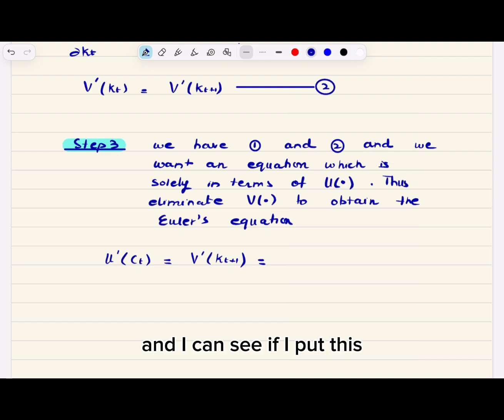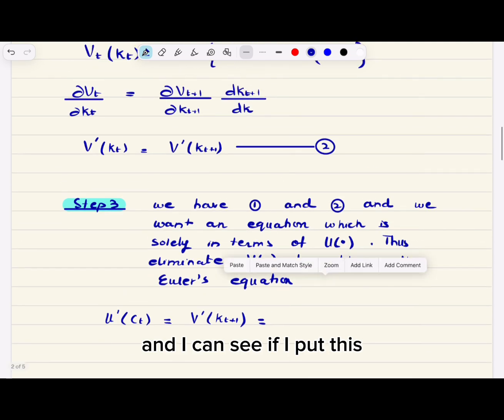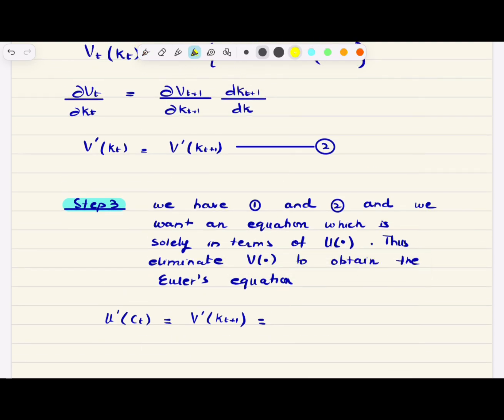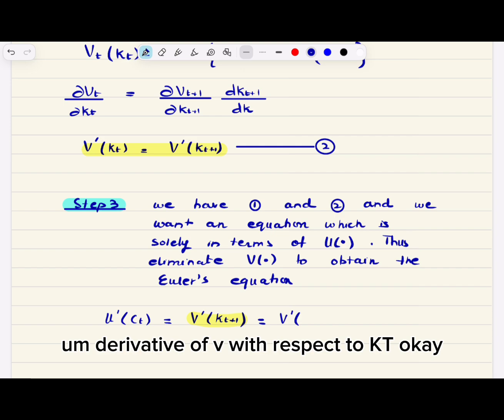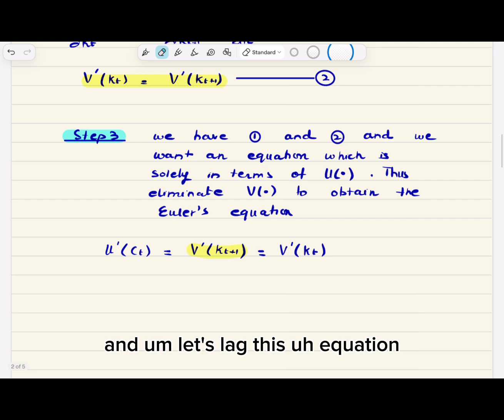And I can see that if I put equation 2 right here, then I'll get the derivative of V with respect to k t.